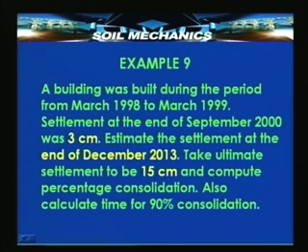The settlement at the end of September 2000 was 3 centimeters, that is, after the construction was complete, the settlement was being monitored, and it was found that at the end of September 2000 the settlement was 3 centimeters. Now, can we predict the settlement at the end of December 2013? Today we are in 2006. Can we predict the settlement at the end of December 2013 for this building?